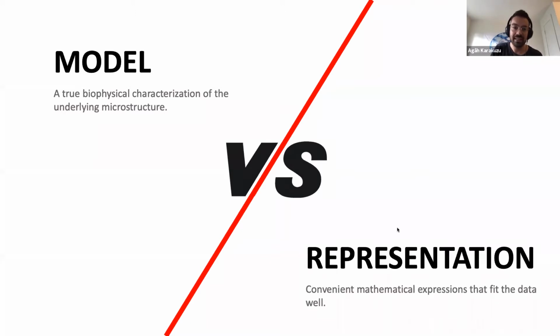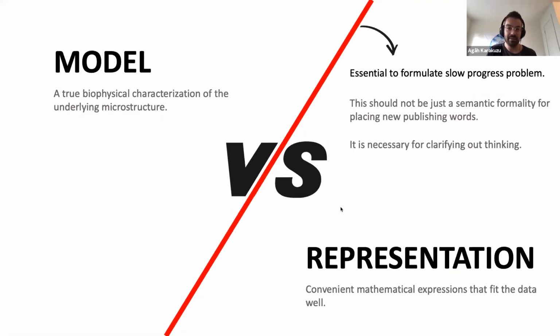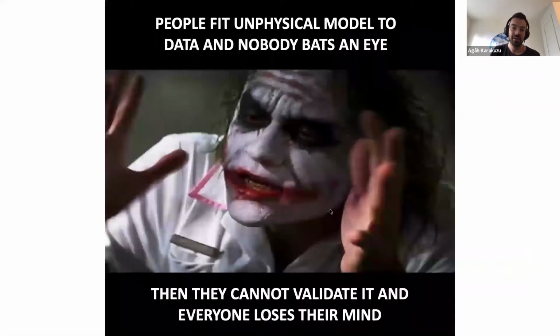And drawing this line, this red line, is essential to formulate this slow progress problem. And it's not simply about adhering to terminologically correct academic writing. We should adopt this distinction into our framework of thinking about microstructure mapping. When we can't draw that line, this happens.